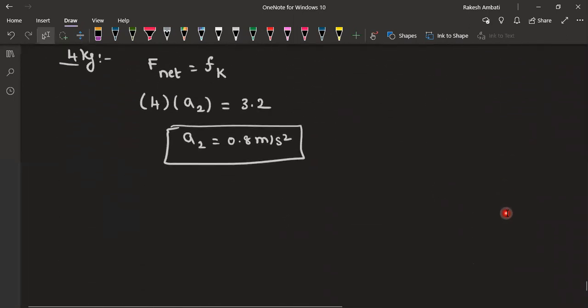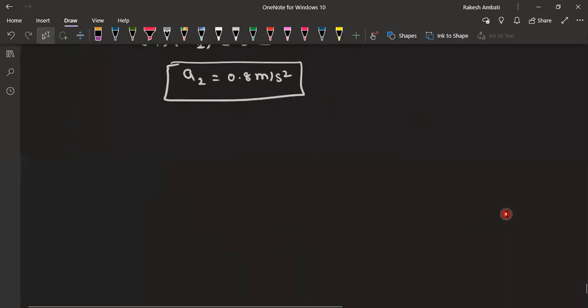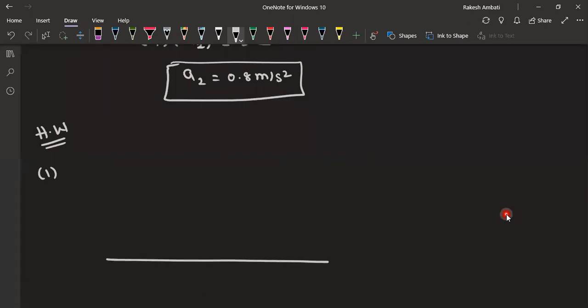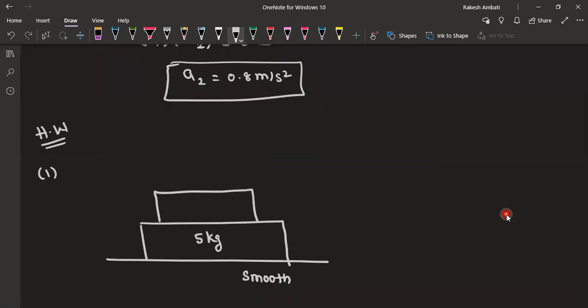Write down the homework question. First question, it is a smooth surface. The mass of one block is 5 kg, and the other block is 2 kg, on a rough surface.